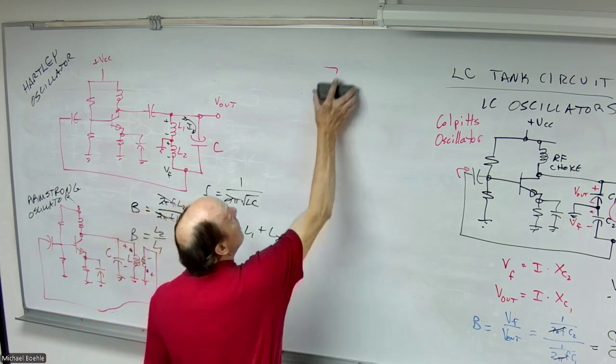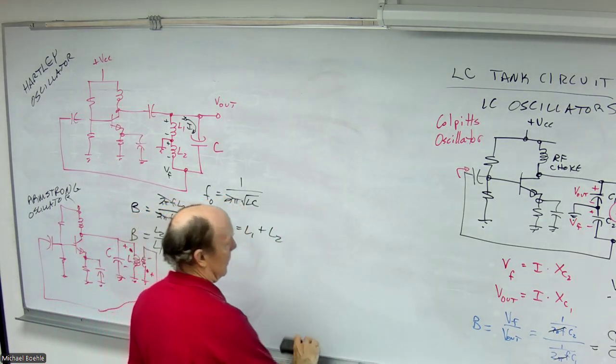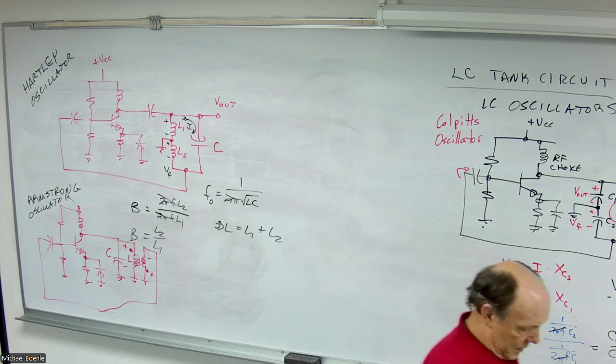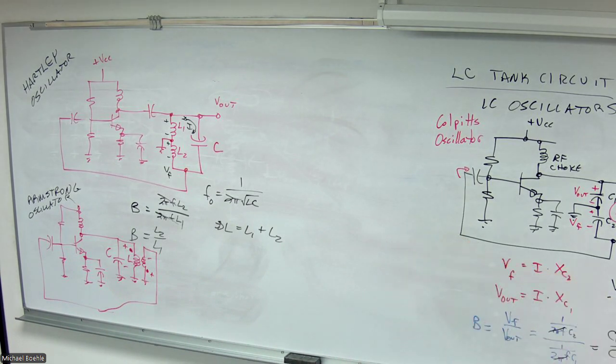Wait, there's more. You've noticed that all these formulas so far have had a lot of interaction of the parts, right? Where my C1 and my C2 not only affect the feedback fraction, but they also affect the resonant frequency.